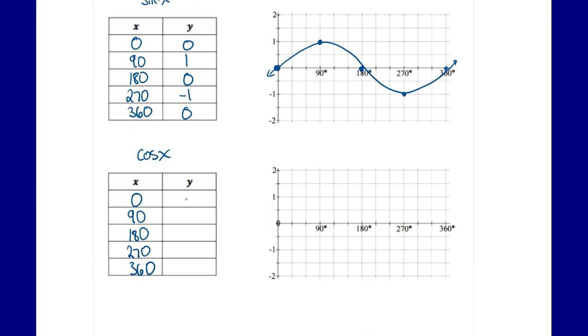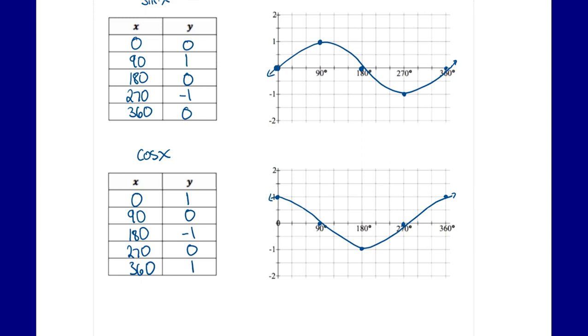So for cosine of 0, we had 1, and then 0, negative 1, 0, and 1. So similar values to our sine wave, except it's a slightly different portion of it. We're starting at 1, at our maximum, so to speak, rather than the midline. So it does look a little bit different, but it's the same values, just a different segment.